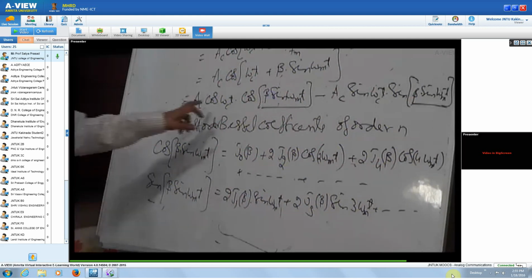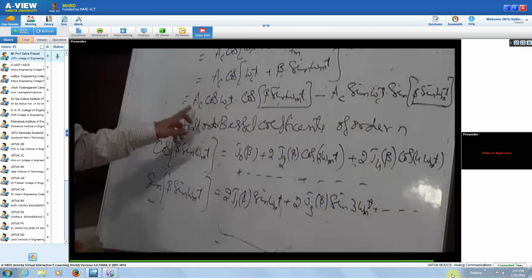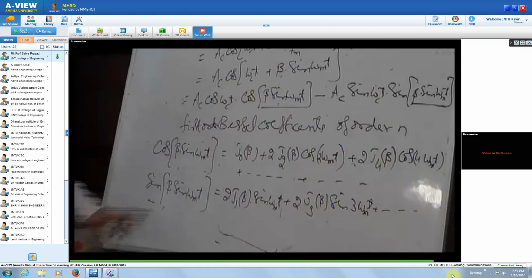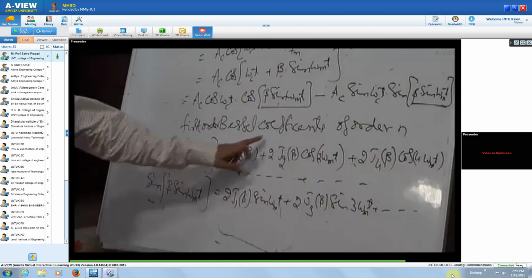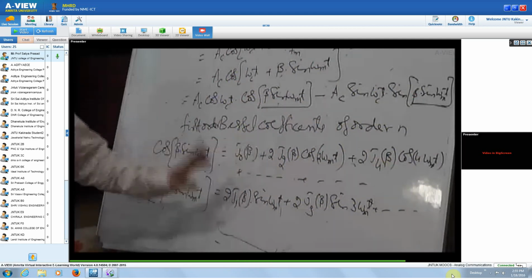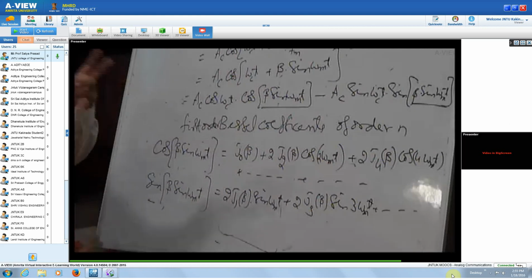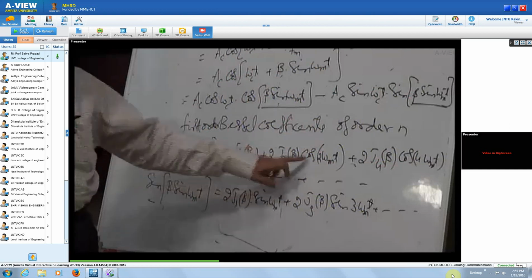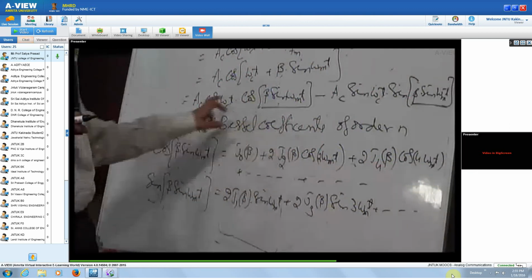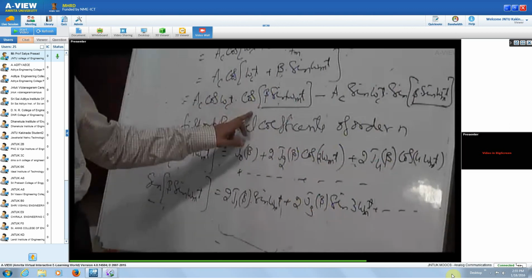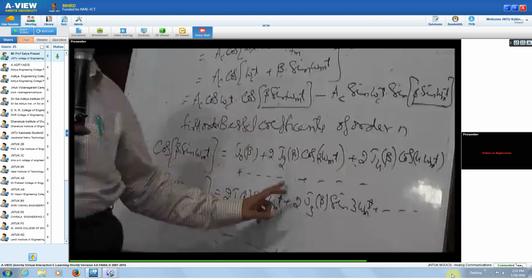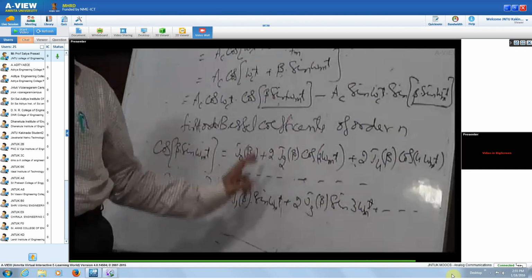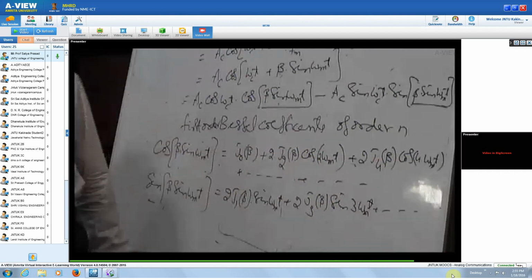What is it that we are doing? We are multiplying this with cos omega c t. So when we multiply this with cos omega c t, what will happen? J naught beta cos omega c t is the first term that we are going to have. Then J2 beta cos 2 omega m t into cos omega c t, that is omega c minus 2 omega m and omega c plus 2 omega m.